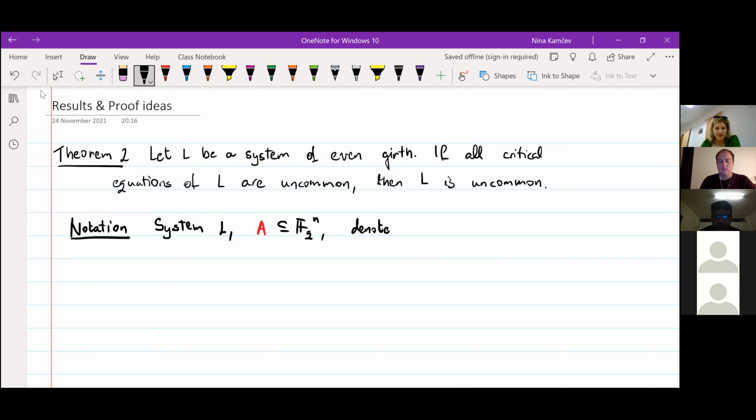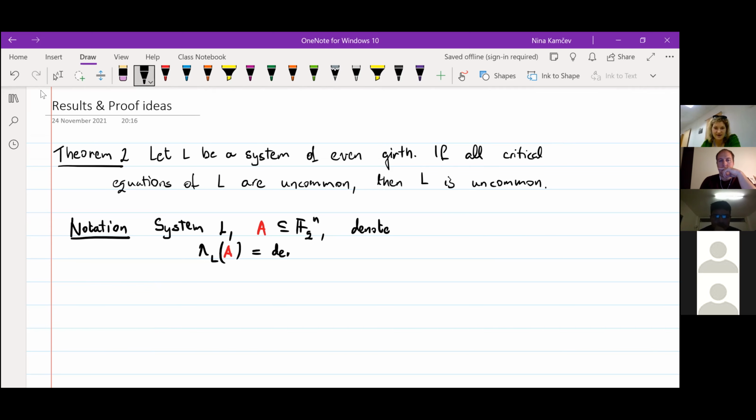So the density of monochromatic solutions in A or in A complement is denoted by lambda L of A. Now I've passed to subsets of F_q to the n, which is completely equivalent to colorings. If I have a coloring, I denote the red part by A and the blue part by A complement, and then I count solutions with all components in A or in A complement.